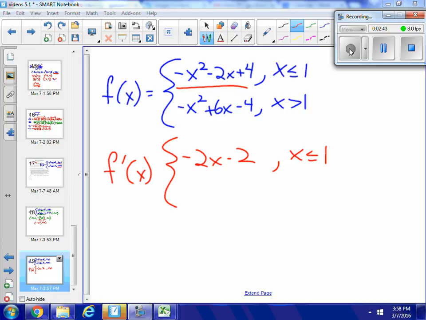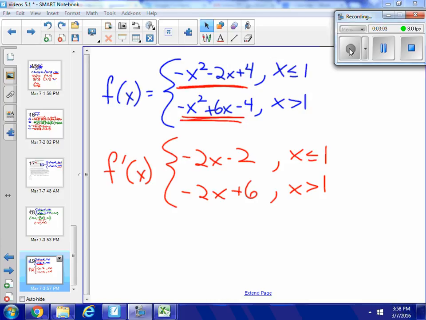And the derivative of my bottom piece is negative 2x plus 6, for x greater than 1. Finding the derivative of this piecewise function is not that hard, primarily because the pieces themselves are just polynomials, and polynomials are pretty much straight up the power rule.